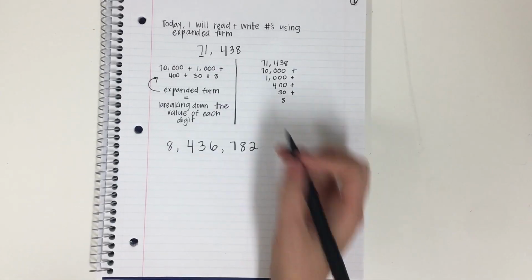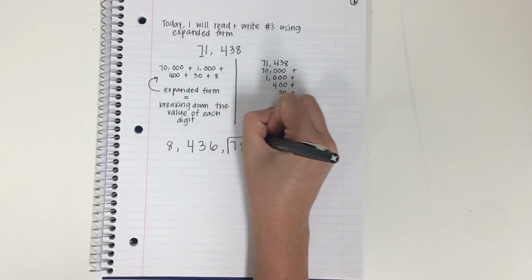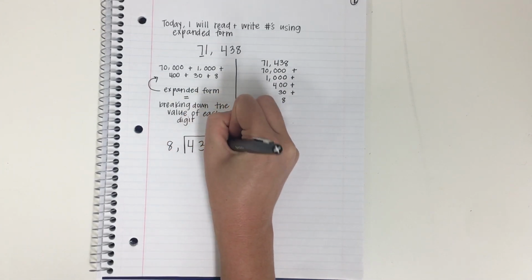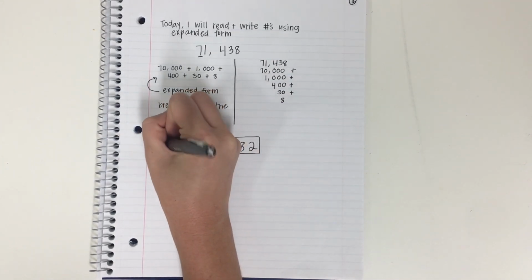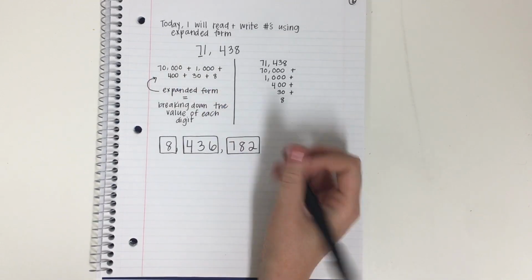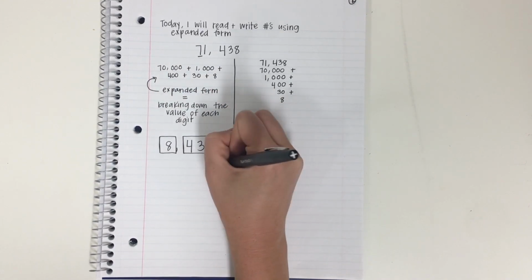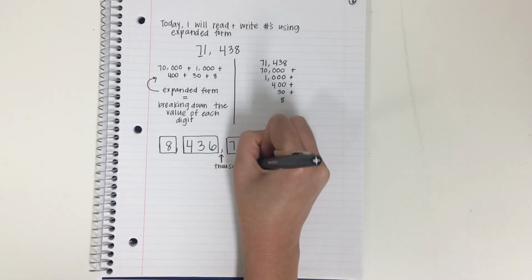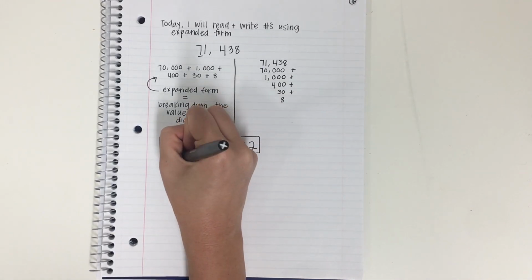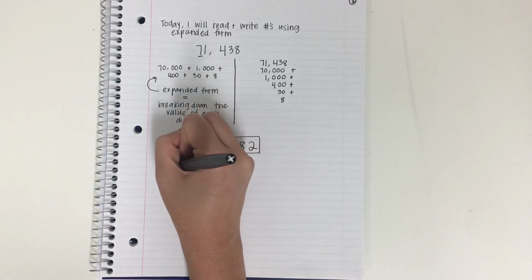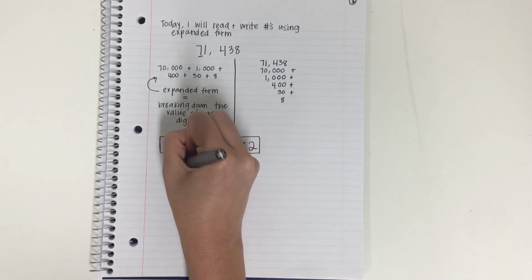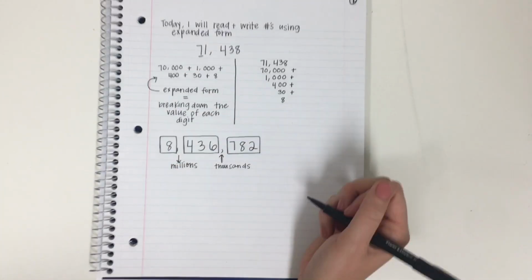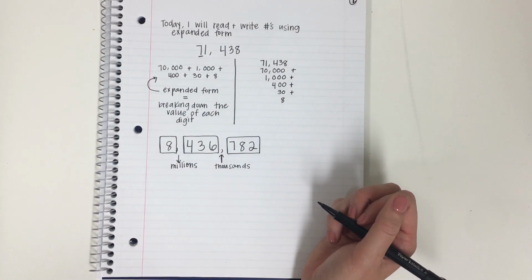If it helps you to put the boxes around, put the boxes around. So we know that this is the thousands place, and this is the millions place. So this is standard form. We're going to put it into expanded form.